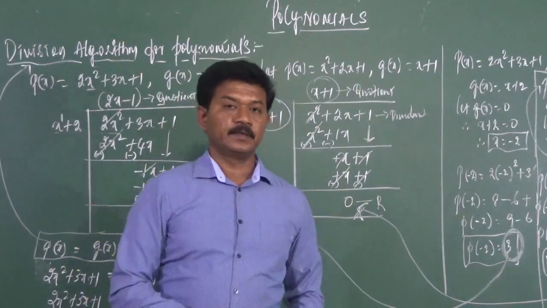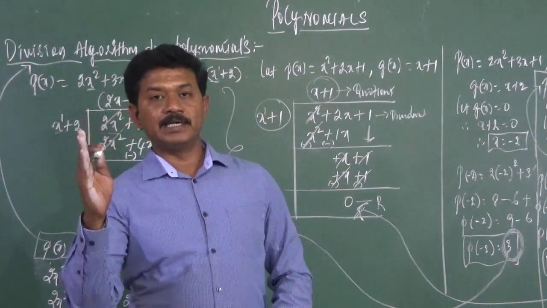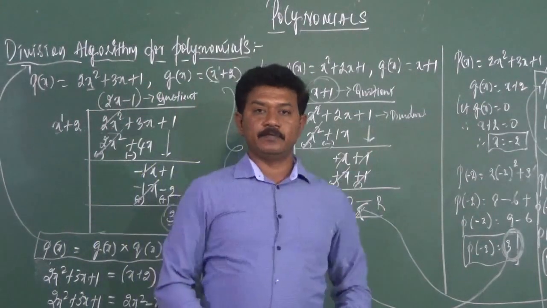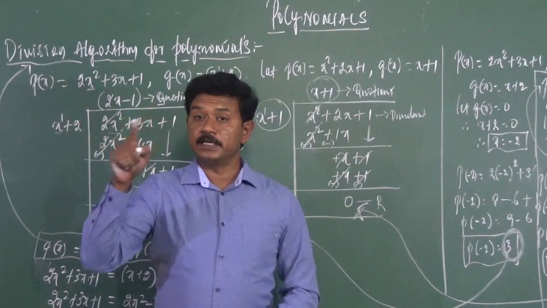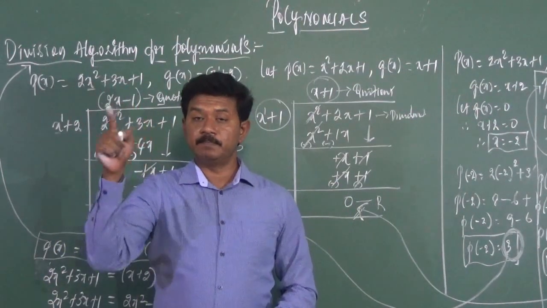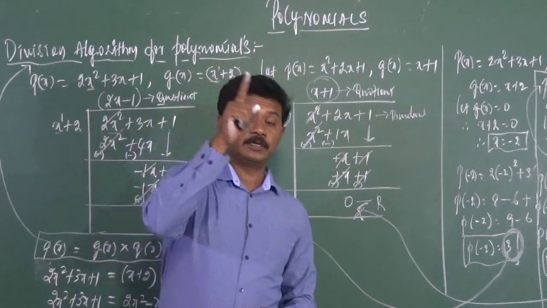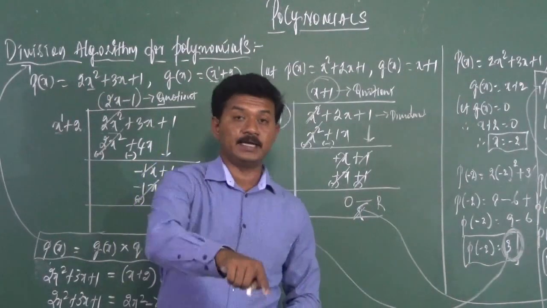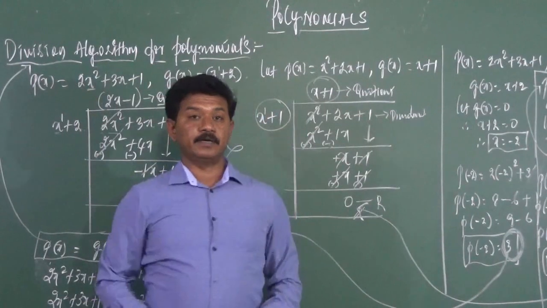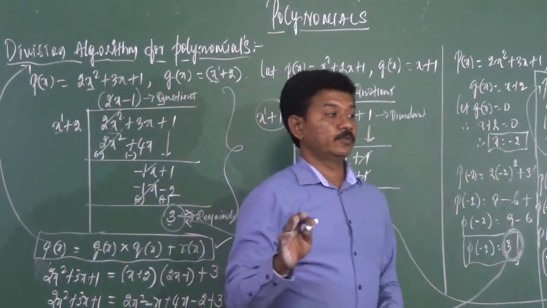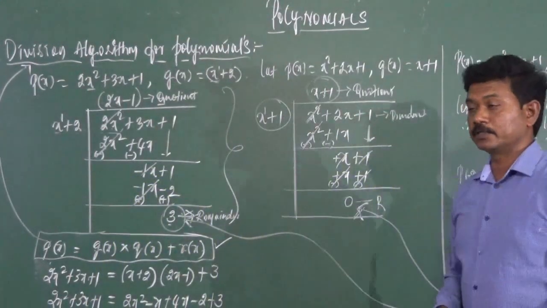But when a linear polynomial divides another polynomial p of x, then the value of p of x at the zero of the linear polynomial will be the remainder. I hope you got it.